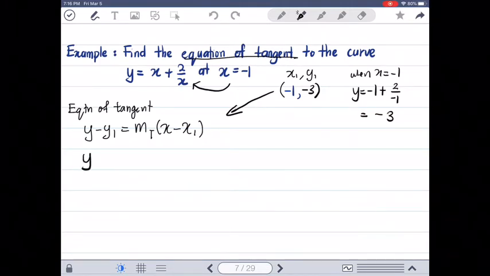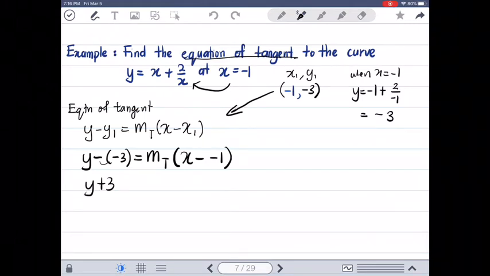So we have y minus y1, which is negative 3, equals mt times (x minus negative 1), since our x1 is negative 1. Minus minus gives plus. So y plus 3 equals mt times (x plus 1).